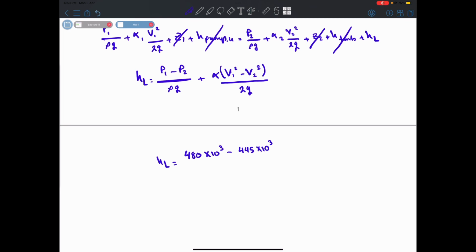Before continuing the solving, I want to mention that I did multiply by 10 to the power 3 because it's kilopascal, and kilo is 1,000, so it's times 10 to the power 3.